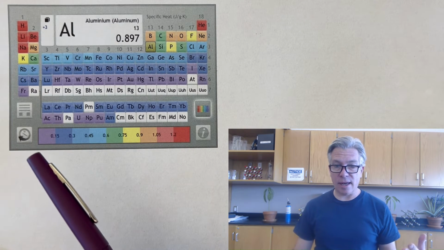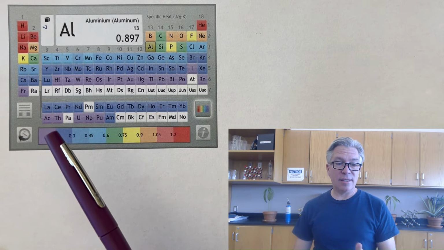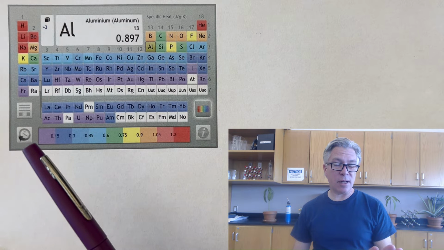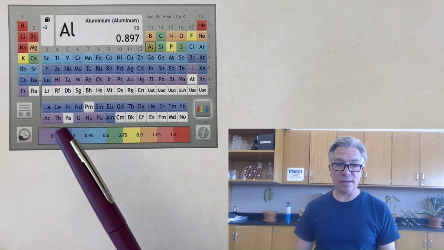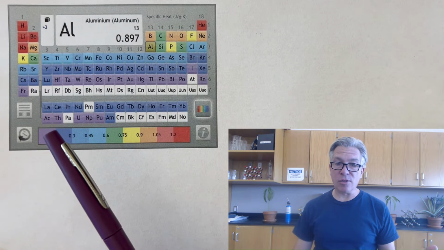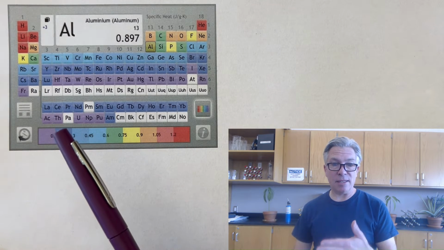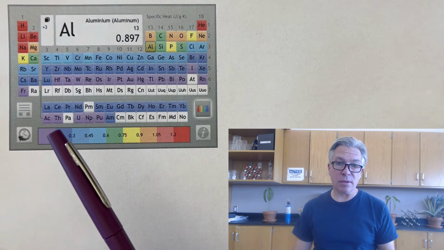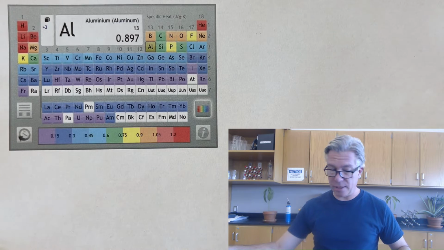Another way to say that is that its heat capacity times its molar mass tends to be fairly constant for a lot of elements. It usually is equal to about 3 times the ideal gas constant, 8.315, or around 25. So if you take the molar mass of an element multiplied by its heat capacity, you often will get a number somewhere in the mid 20s, which is really kind of cool. I didn't know that until this week.